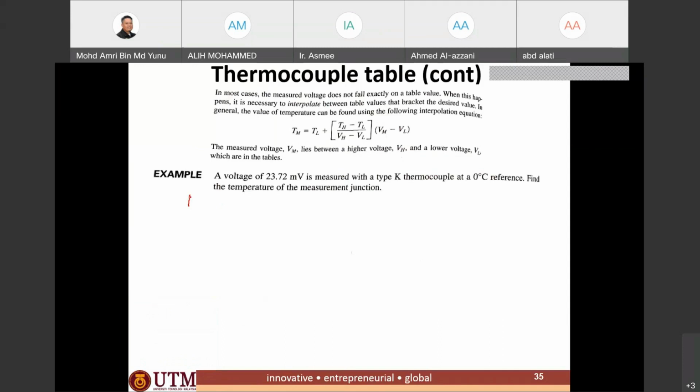So from the table, VL is 23.6, 2 decimal place millivolt, and our TL, low, is 570 degrees Celsius, and our VH, a higher voltage, is 23.84 millivolt, and our TH is 575 degrees Celsius.